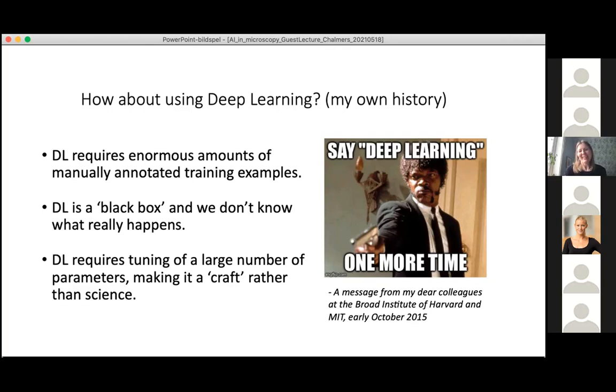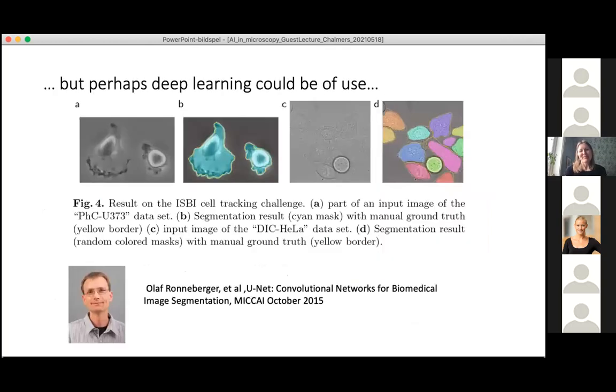I didn't really listen to what they said, very much because of my PhD students. In October 2015, this paper by Olaf Ronneberger and the first description of the UNet came out. He used it in the ISBI tracking challenge.